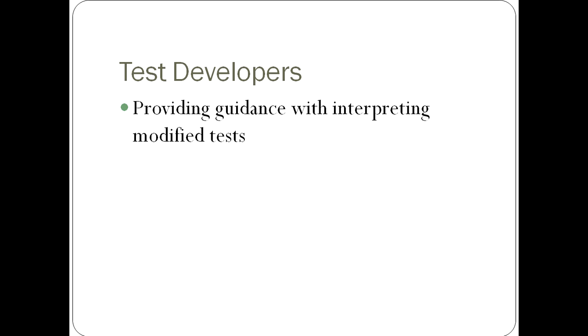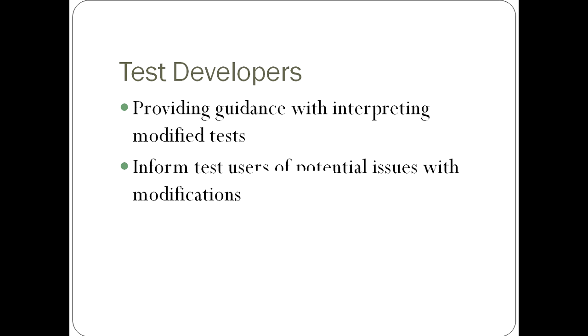So they need to make accommodations to make sure that all special needs are addressed. And inform the test users of potential issues with the modifications. In other words, making sure that they know if the test taker, because of the modifications, the test results may change, or the interpretation of the test results could change, and you want to make sure that everything is accurately done.